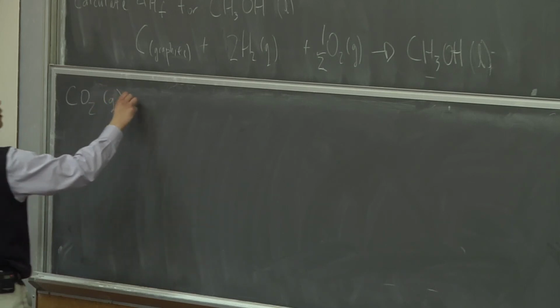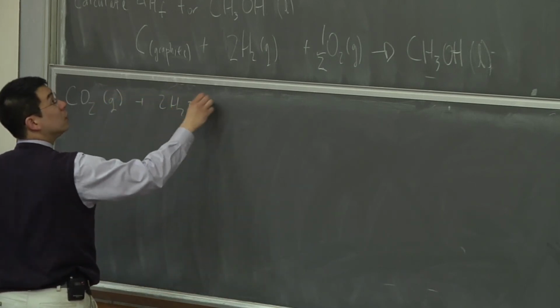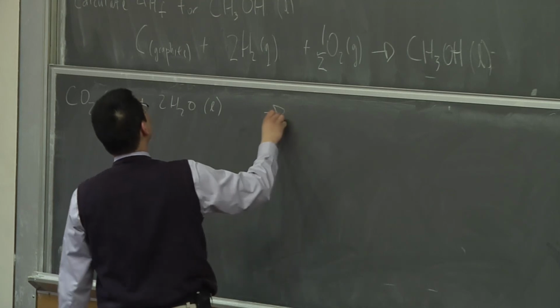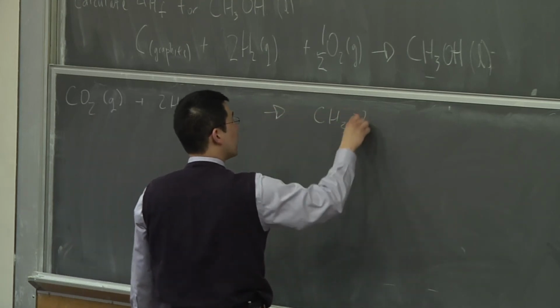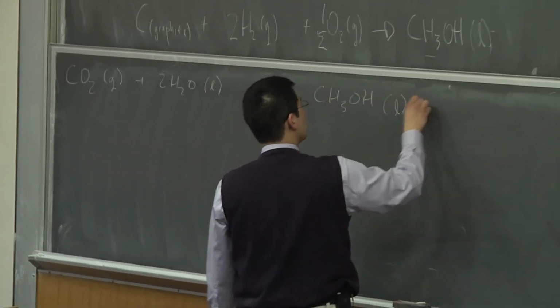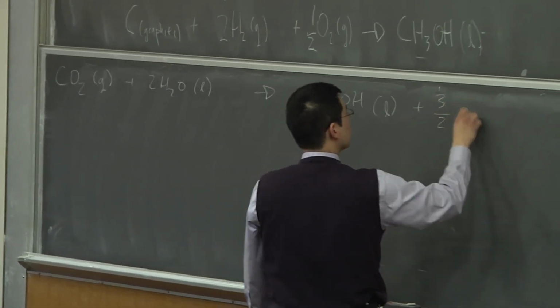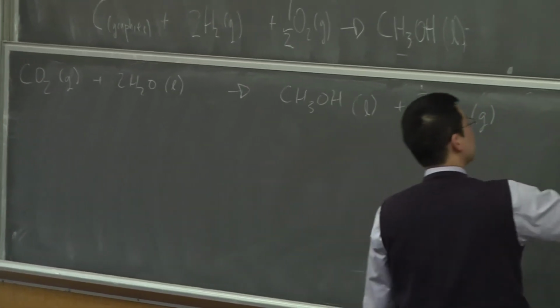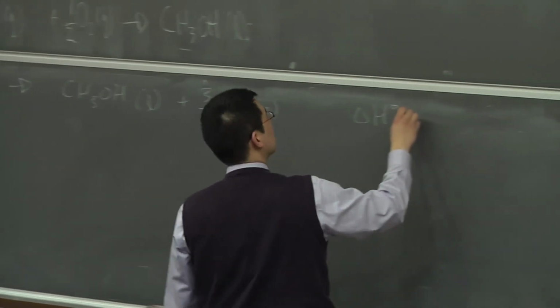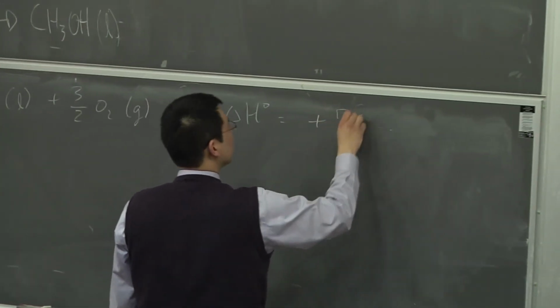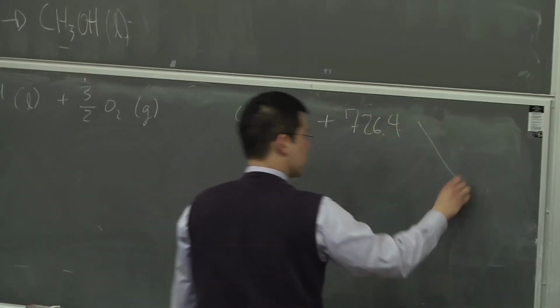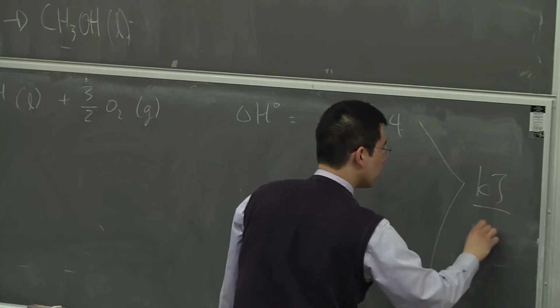I'm going to reverse it. Plus 2H2O liquid gives me CH3OH liquid plus 3/2 O2 gas. And what's the delta H of that? Positive, right, 726.4. And I'm just going to write kilojoules per mole for all of them.